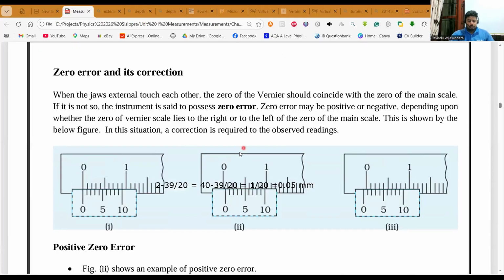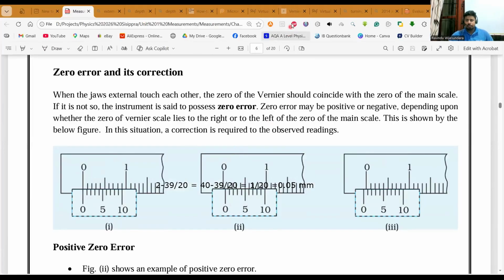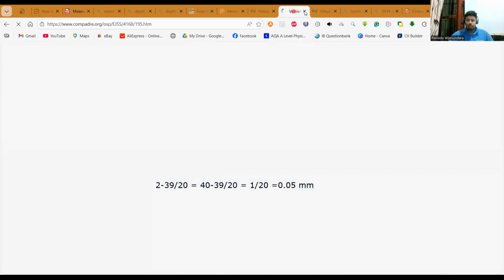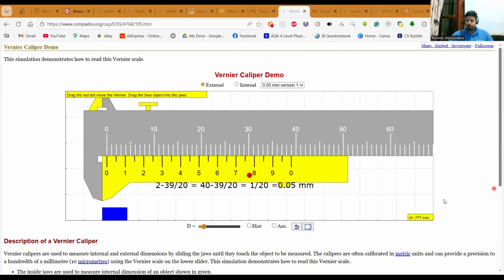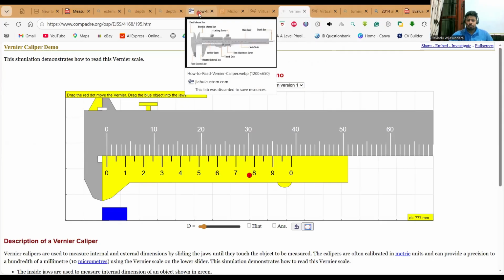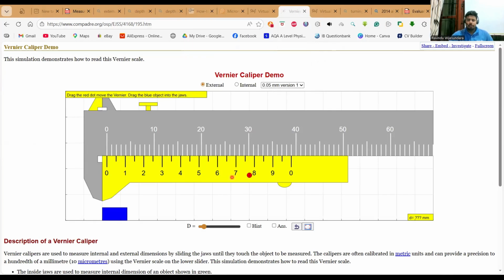Now we will understand what the main parts of a vernier caliper are, right? I have another demonstration, I think in a PPT. I think you cannot see it.